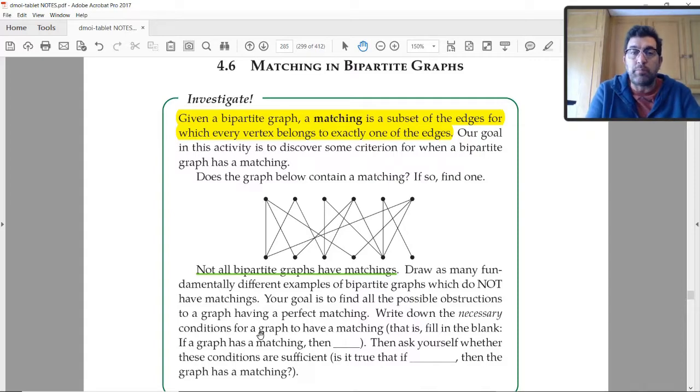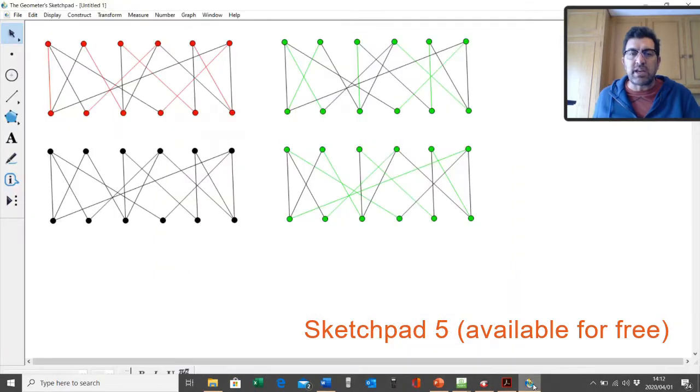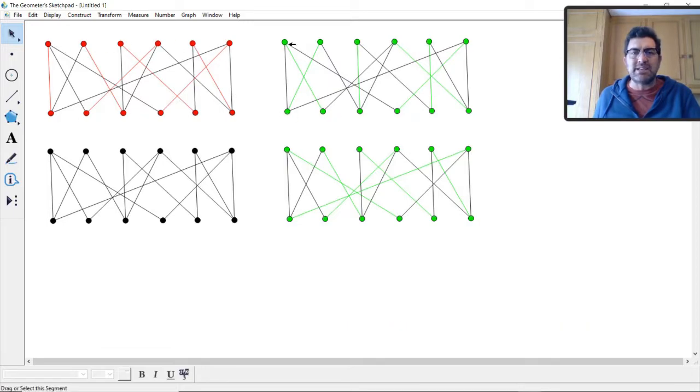Now, not all bipartite graphs have matchings, they say, but let's look at the graph that we have on the screen and let's see how many matchings we can find. Now I've drawn the graph here. There are 6 vertices at the top and 6 at the bottom, so there's an equal amount of vertices in the one set and the other set.